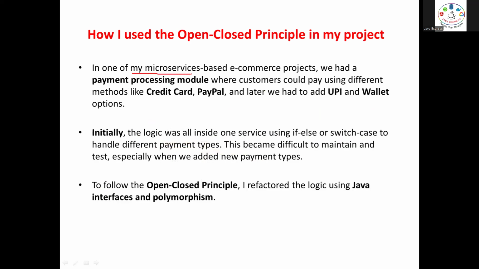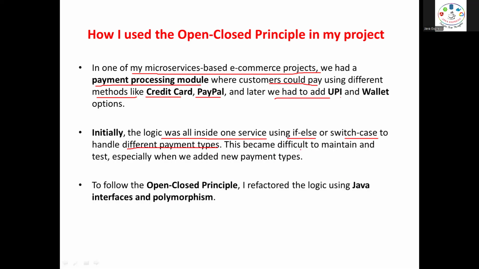In one of my microservice based e-commerce projects, we had a payment processing module where customers could pay using different methods like credit card payment and PayPal. Later we had to add UPI and wallet options. Initially, the logic was inside one service using if else or switch case to handle different payment types.